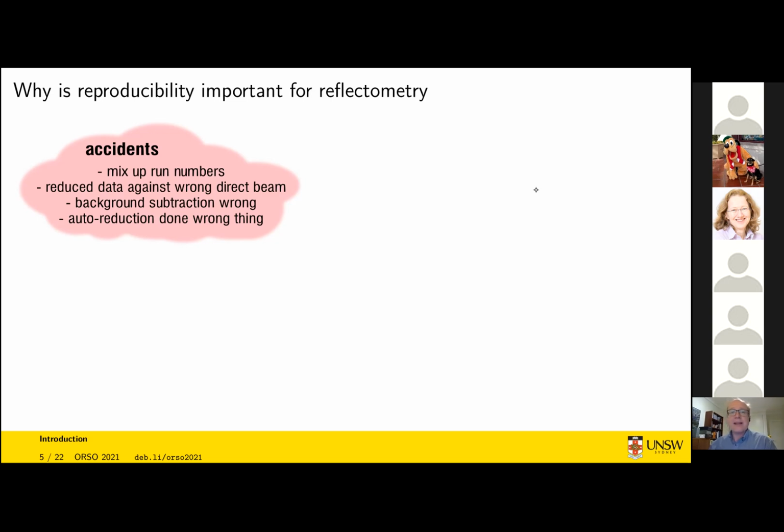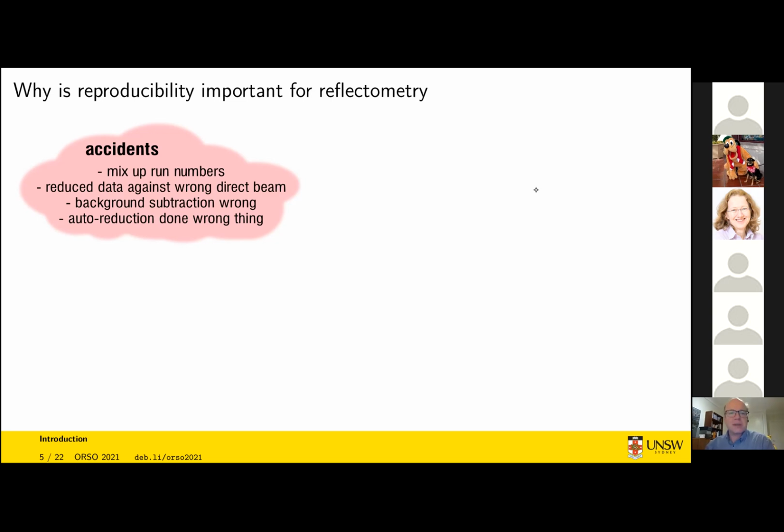Most people, however, sit there and go, all these run numbers are doing my head in, I'm going to start renaming files, or I will accidentally get these files mixed up. We all know stories where we have accidentally mixed up run numbers, and we spot them at some stage as we go through the analysis: the data doesn't look like this particular sample as it should, or we spot that the background is incorrect, or that the critical edge is in the wrong place for what you think the sample should be, etc.